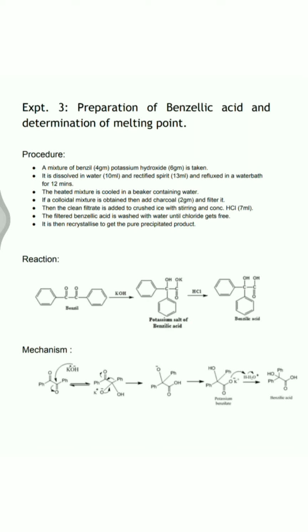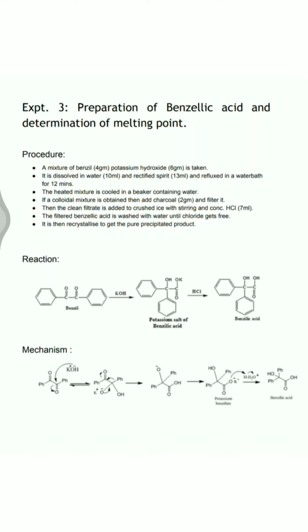So first we add benzil with potassium hydroxide. The corresponding potassium salt will be formed, that is COOK. At last we add HCl, which removes the K as KCl, and the H gets attached to give our desired product, benzilic acid.